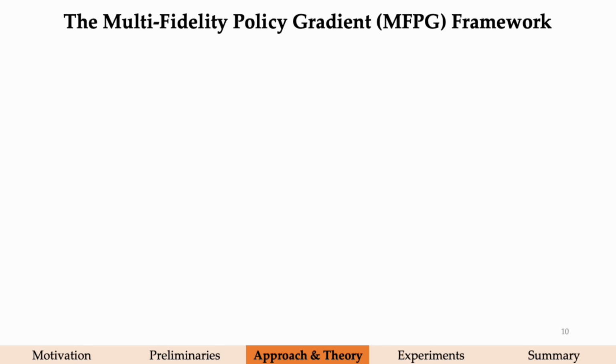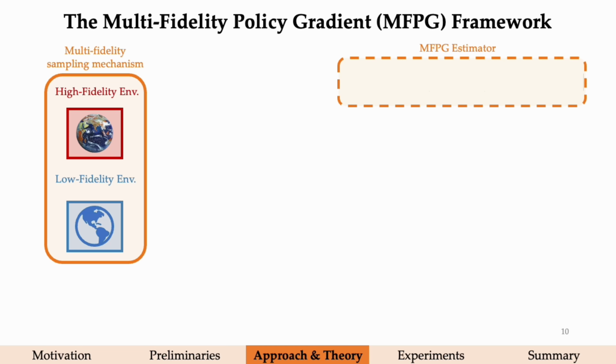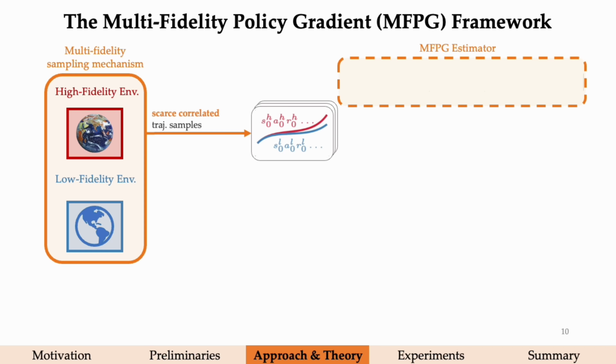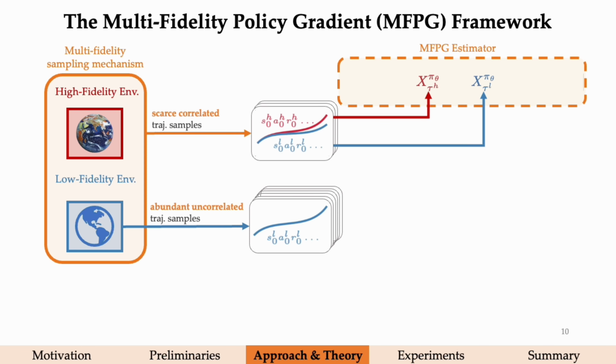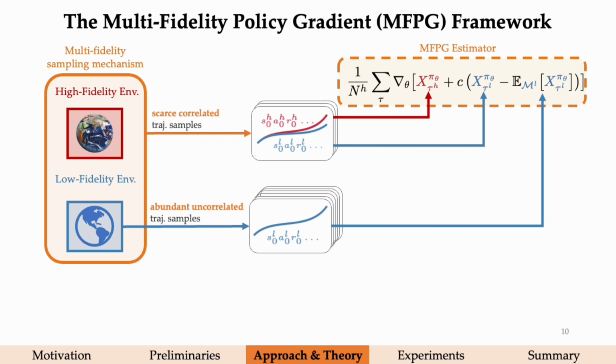Our contribution is MFPG, a multi-fidelity policy gradient framework based on the control variates technique. We sample a small number of correlated, paired trajectories from both high and low-fidelity environments, so their per-trajectory random variable values are correlated. Additionally, we collect large amounts of low-fidelity only trajectories to accurately estimate the mean of the low-fidelity random variable.